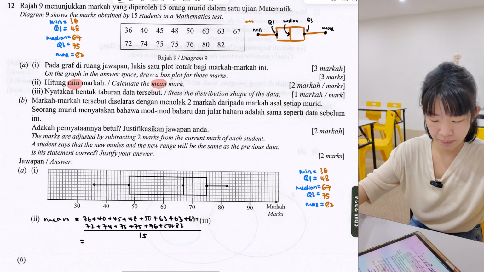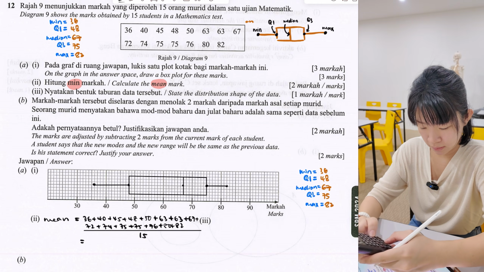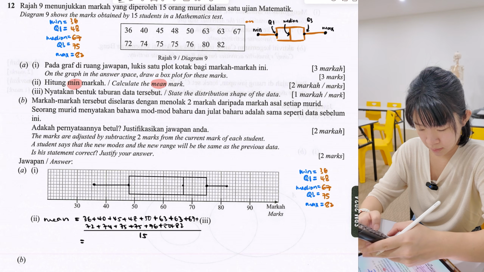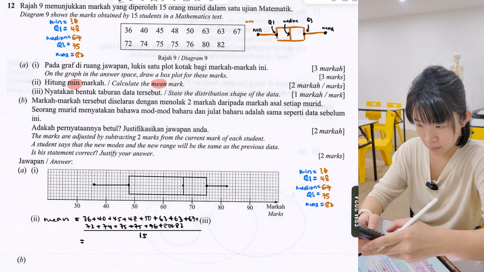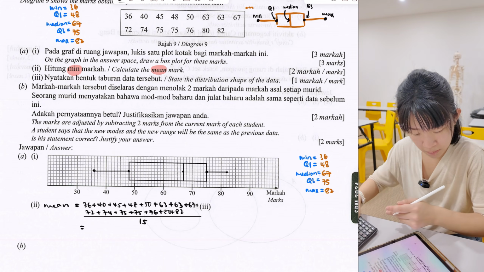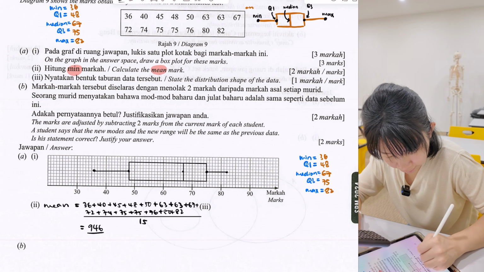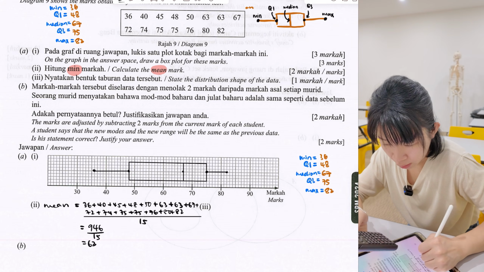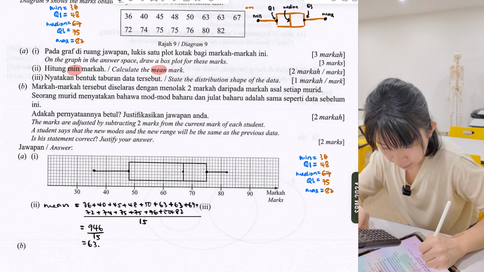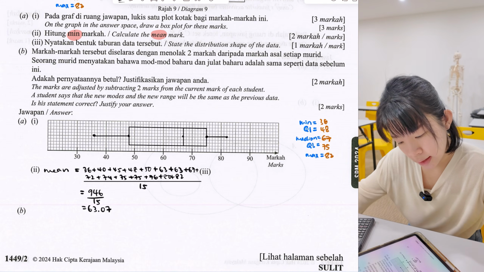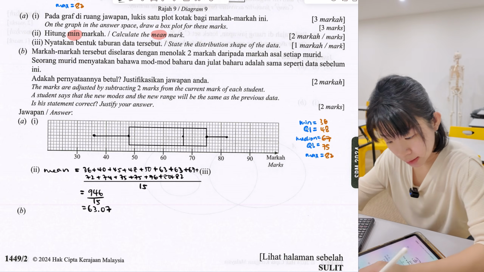See how much. You get 946 divided by 15, so it is 63.07. So this is the mean. Okay, part B. Part 3, so we still have part 3.